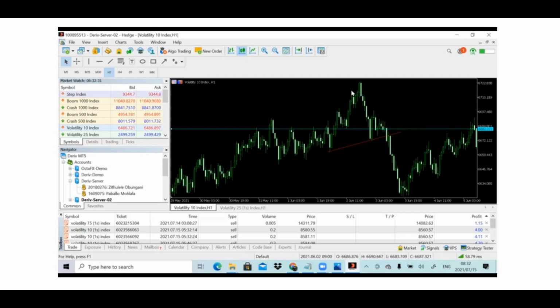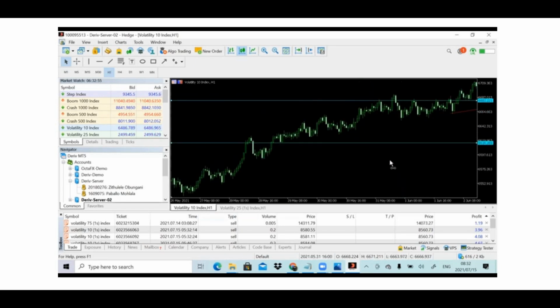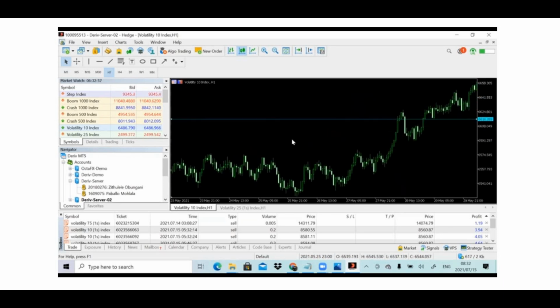You can have your shoulder, head here. See what's happening here. The neckline and the horizontal line, they all support. Sometimes they come at the same point, but most of the time they should support.